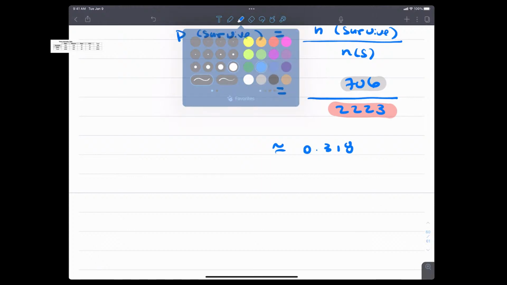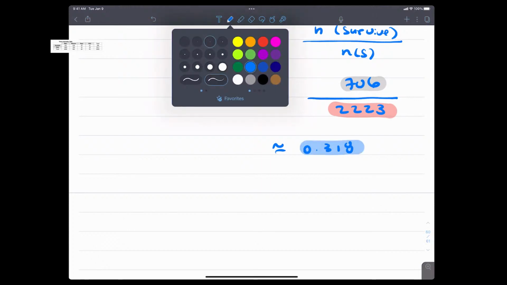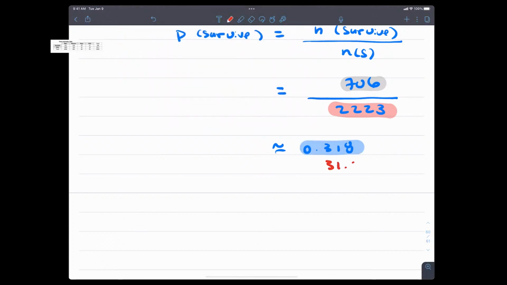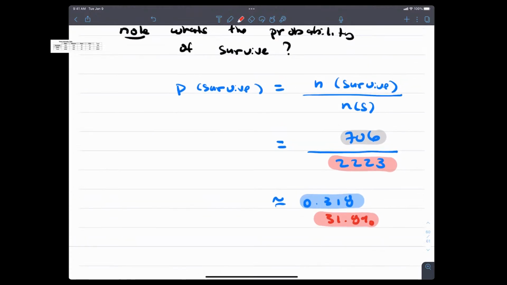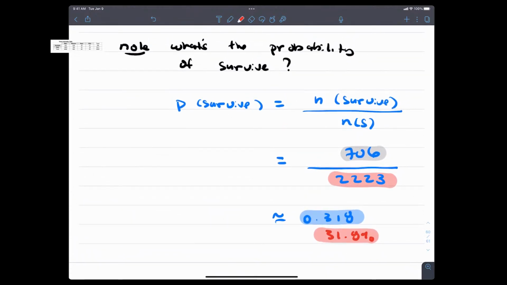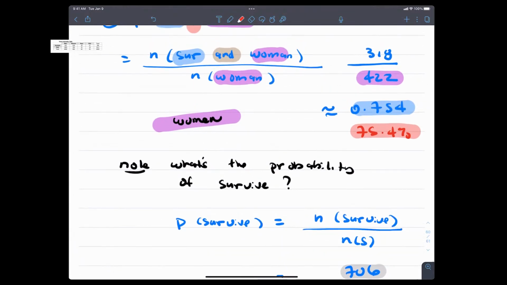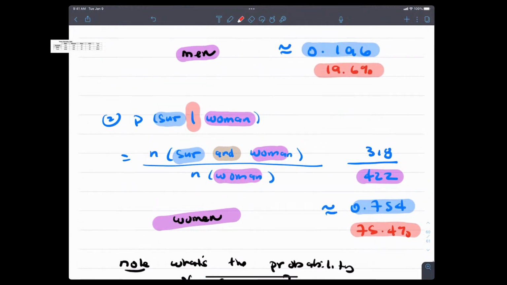And what does that come down to? 31.8%. And there it is. Okay, but if we start looking at different groups, that's going to change. Is that right?